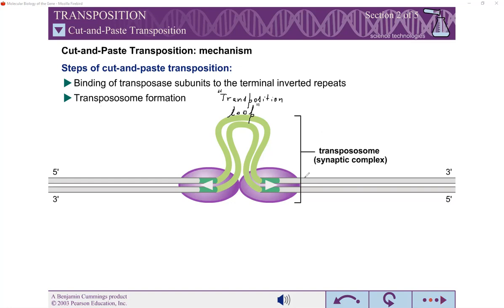Now, the next step is going to take place. The hydrolytic cleavage is going to occur from both the ends, and then it is going to move to another DNA where this DNA sequence will be inserted. And now we have to see how conservative and replicative transposition take place. हमें दोनों के बीच में difference भी देखना होगा, that conservative and replicative, how they are different from each other.